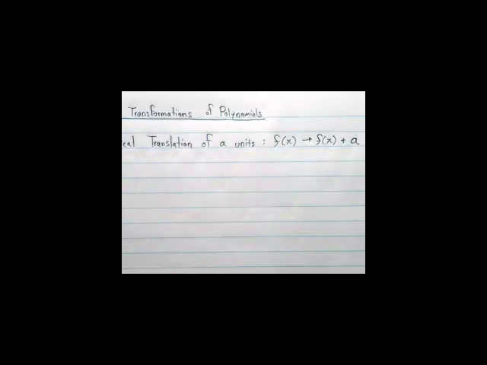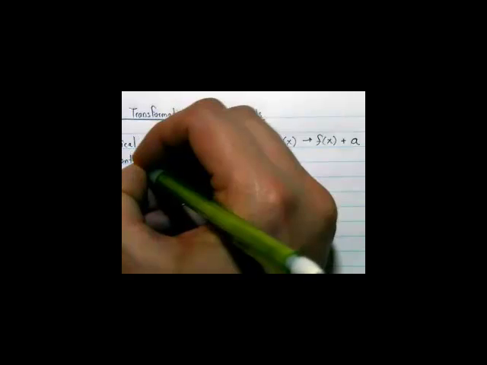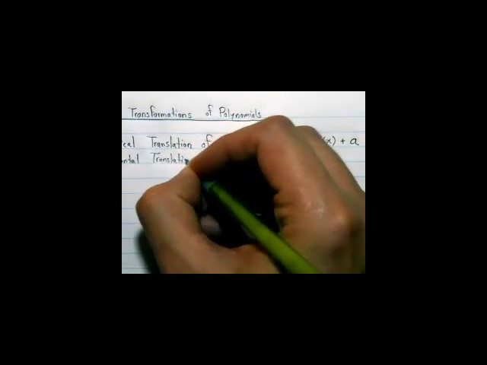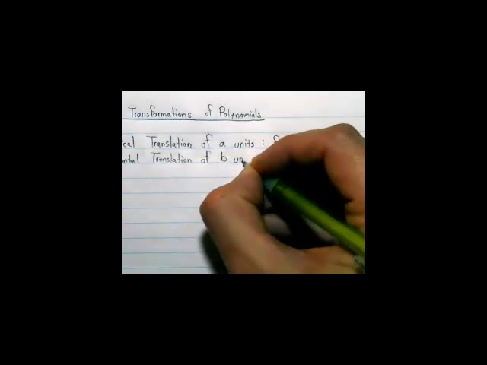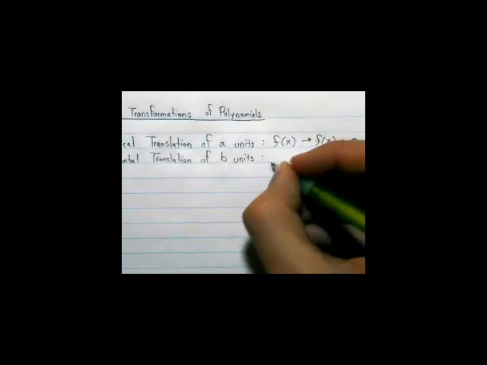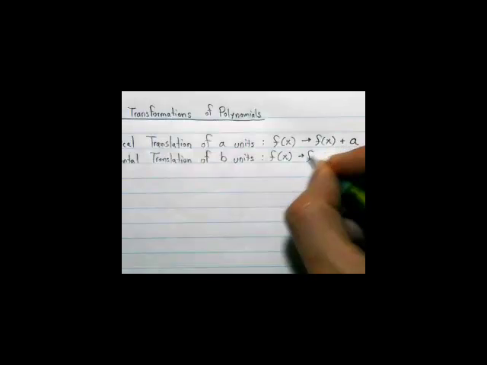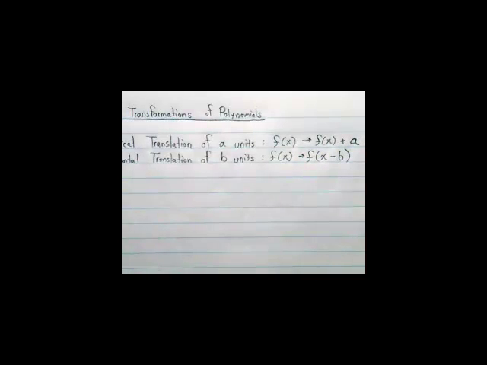Okay. A horizontal translation, and let's say B, since we already used A. That would be f of x is now f of x minus b.